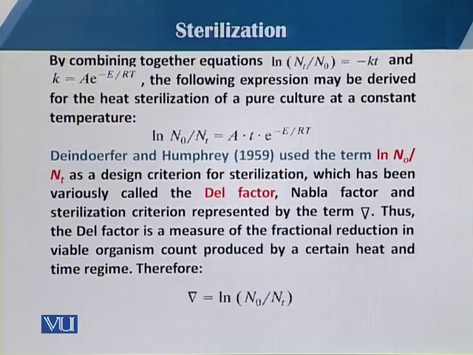If we combine that Arrhenius equation with the equation achieved by the integration, you can see here that in that module we have ln of Nt over N naught equal to minus kt, and k is equal to A, the Arrhenius constant, times e to the power of minus E over RT. So if we combine these two equations, then we have this equation.